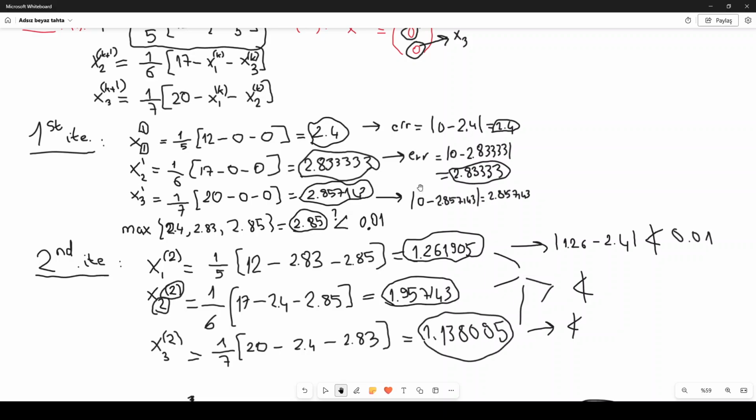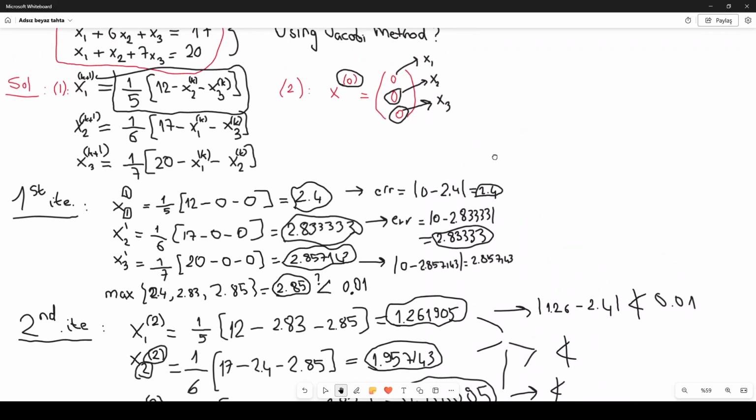And then after finding the results in the first iteration for each unknown variable, in other words, after we compute the new values of each unknown variable, we compute the errors for each of the unknown variables with respect to the two successive iterations.